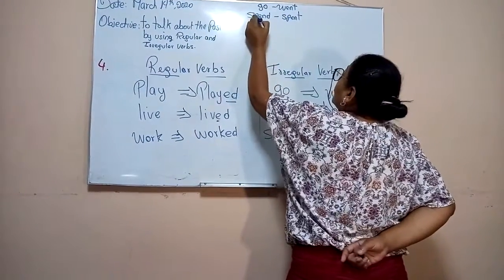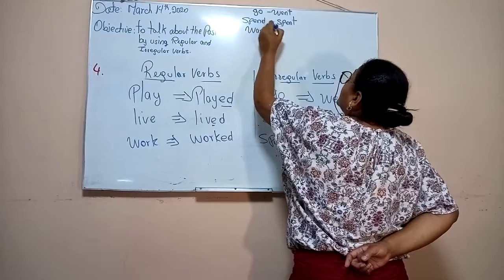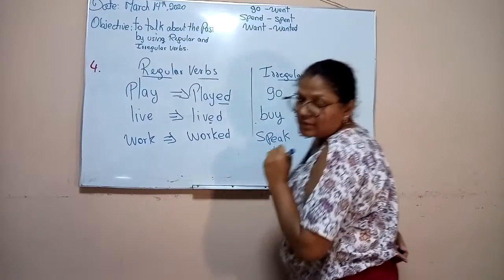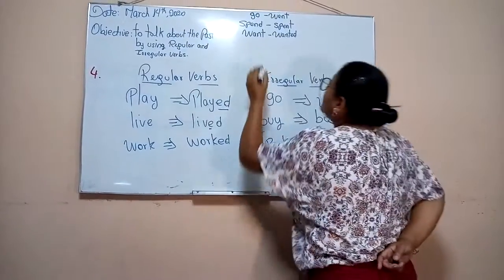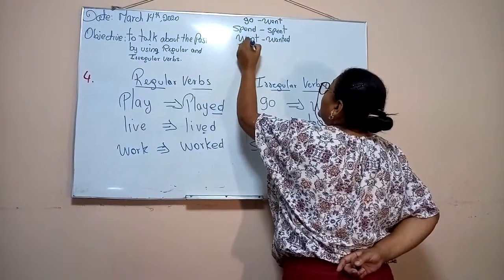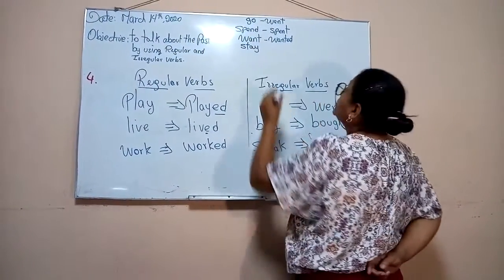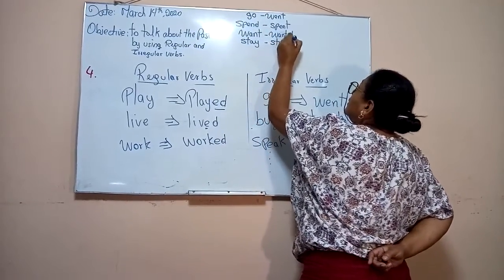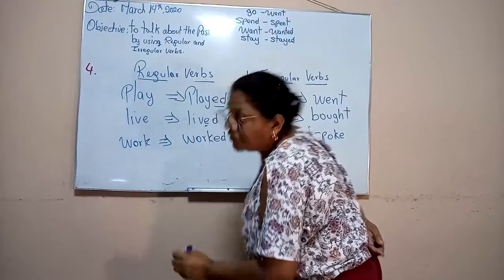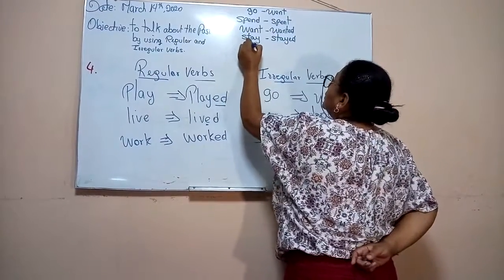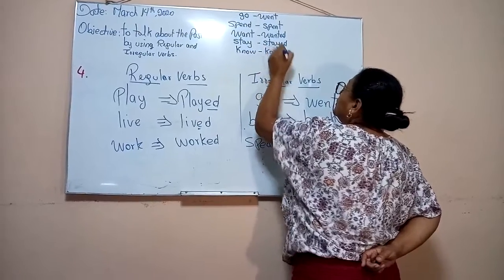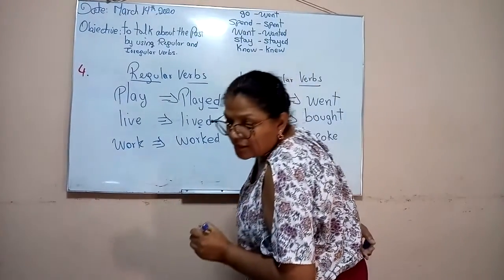Want is a regular verb, so it is wanted. Next one, stay. Like I stay in a hotel, you say stayed. Continue with know. Simple past is knew. That's the irregular verb.